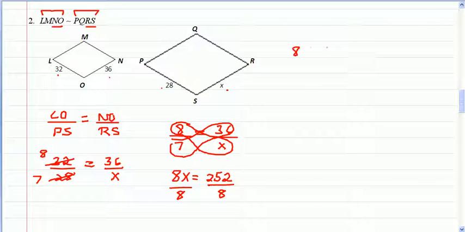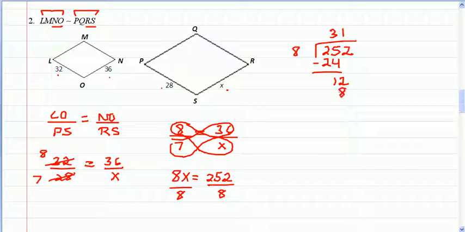So I take 8 into 252, so I get x is equal to 31 and 4/8, and 4/8 reduces to 1/2. So 31 and 1/2.